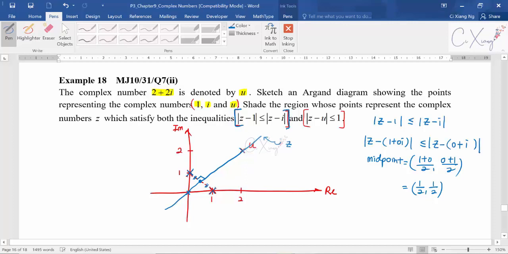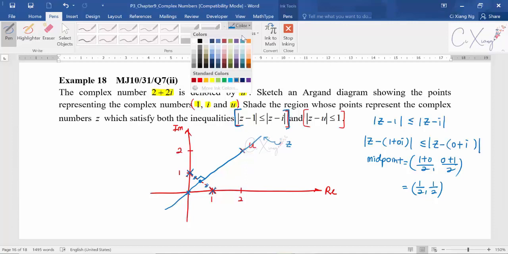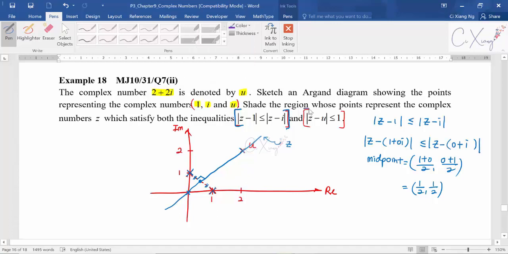Then the second locus, maybe I can use the purple color. They say modulus of z minus u smaller than or equal to 1. So what is u actually? They already gave you the coordinate, right? You just copy the minus and put u into your inequality here. So your u should be 2 plus 2i.